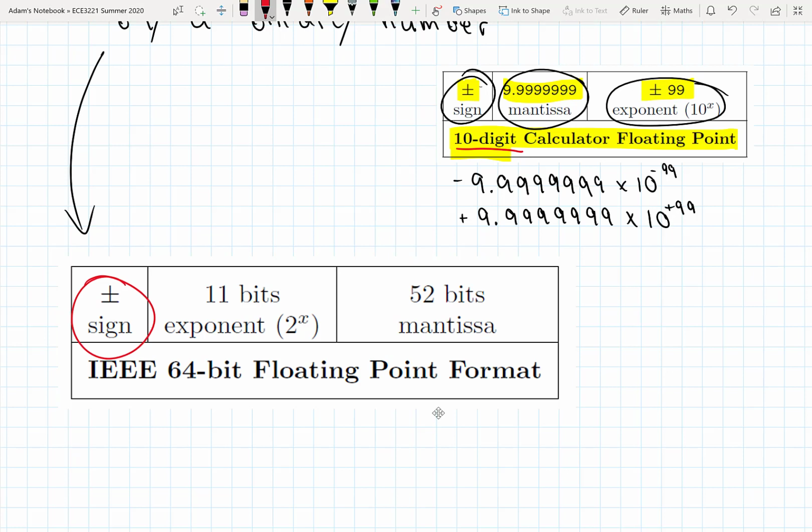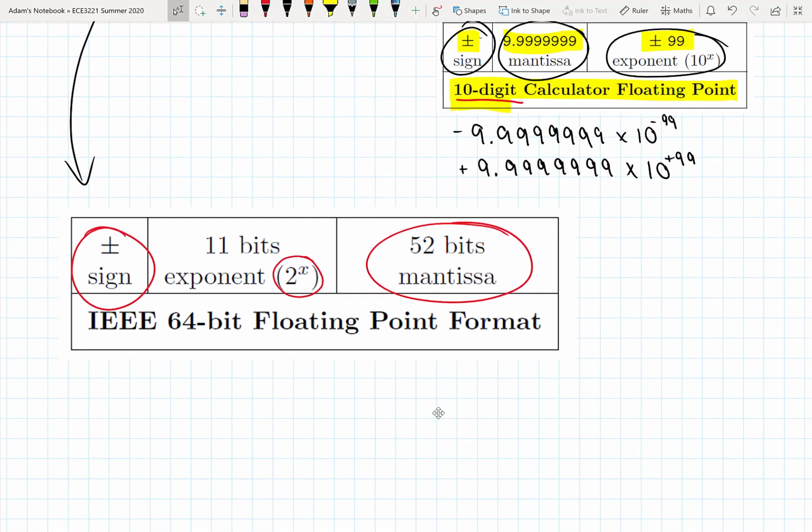So 0 will represent a positive value, 1 will represent a negative value, we have 11 bits to represent the exponent value, but we remember that our exponent in this system is a base 2 exponent, and then we have a 52-bit mantissa, so that base value.